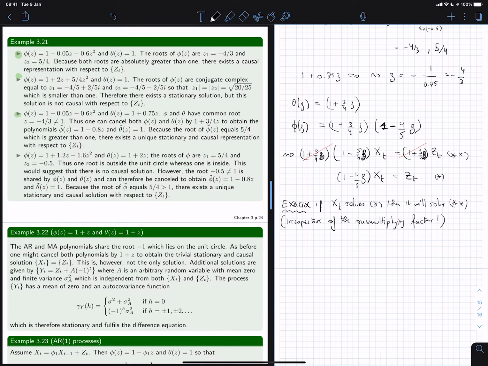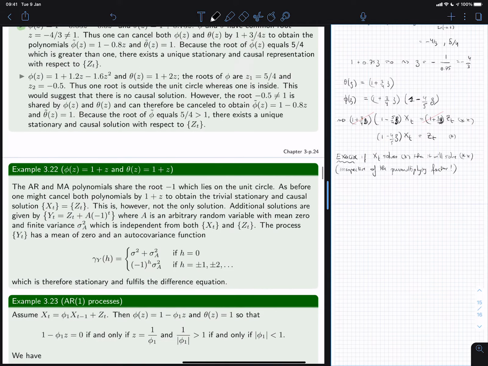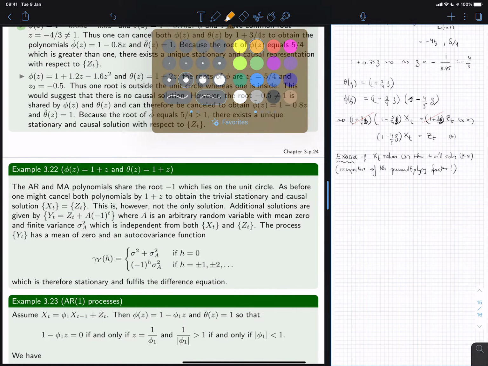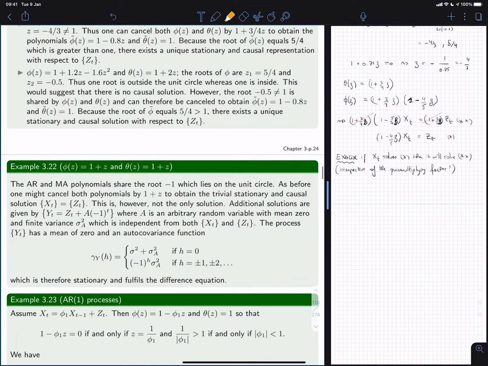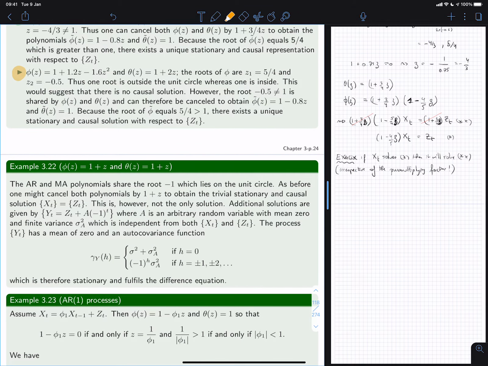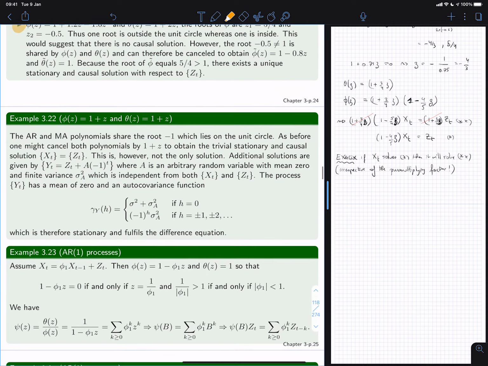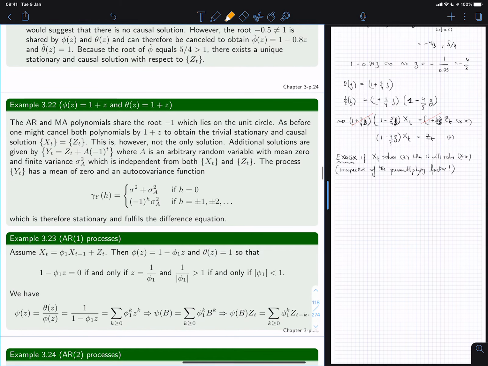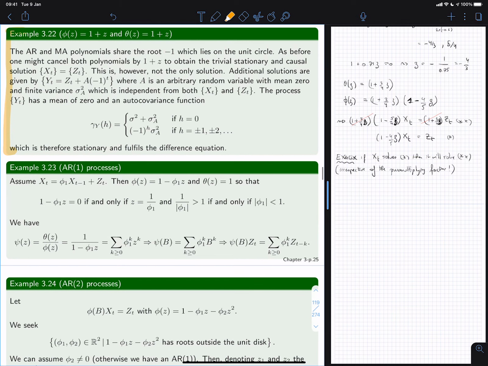Okay, and the last example, well, I'll put it in orange because I'm not going to do them, but I'll let you read this. You ask me questions if you have any. Well, the AR1 case we've already done.